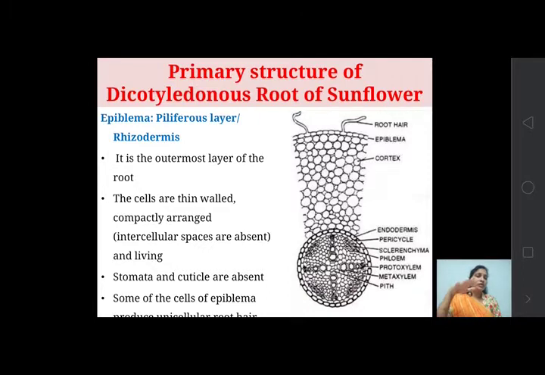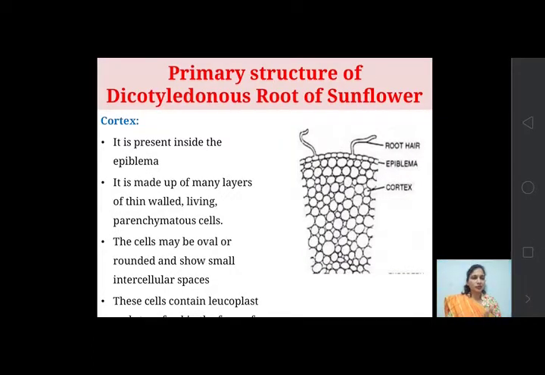Now let's go to the next part, that is the cortex. In the root of the plant, it is present under the epiblema, or you can say inside the epiblemal layer, there is a presence of multi-layered cortex tissue.